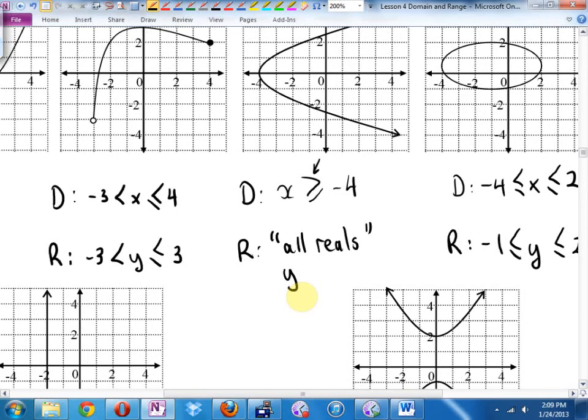Y belongs to the set of all reals. There's a symbol for that. The symbol for belongs to the set of is a capital letter C with a line in the middle, or you can think of it as a curvy capital letter E. It's a Greek letter epsilon. And we use a capital letter R for the abbreviation for all reals.